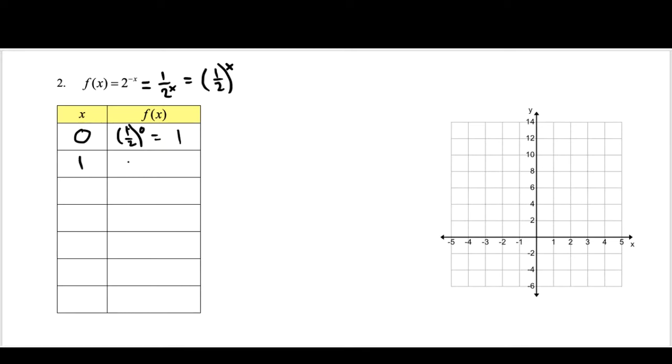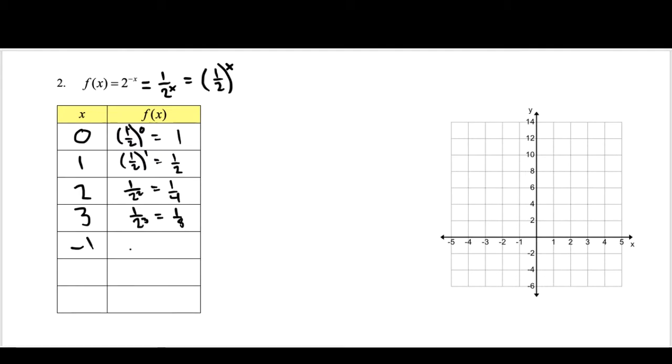X equals 1: 1/2 raised to the power of 1 is equal to 1/2. X equals 2. Let's use this form. 1 over 2 squared is equal to 1/4. X equals 3. 1 over 2 cubed is equal to 1/8.